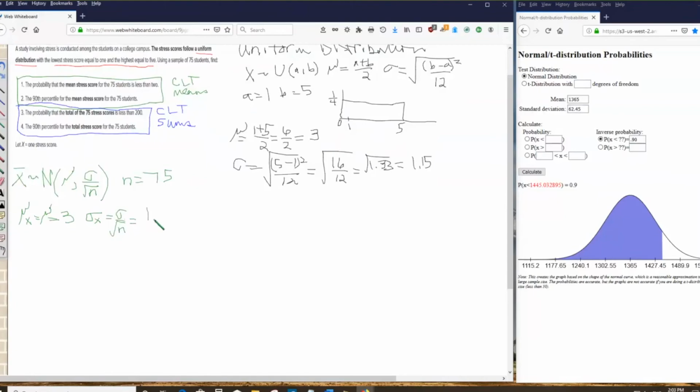So that's going to be 1.15 divided by the square root of 75.